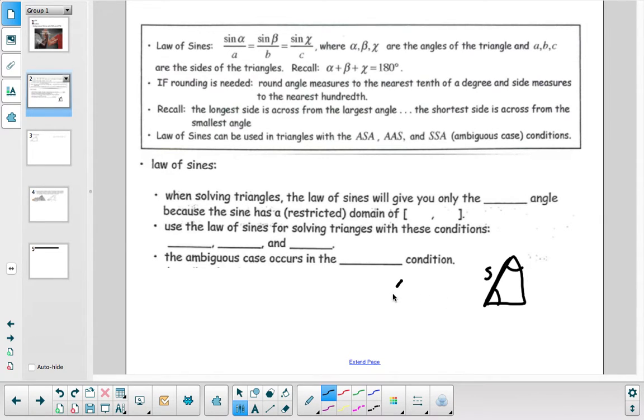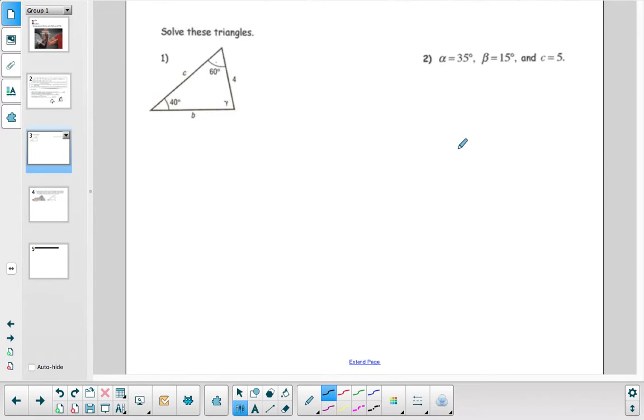Or if you're given angle angle side, you can do the same thing and use law of sines to find the other three pieces of information. Basically, when you're given two angles, you're good to go, whereas if you're only given one angle, you have less to work with. But we'll get into the ambiguous case tomorrow.